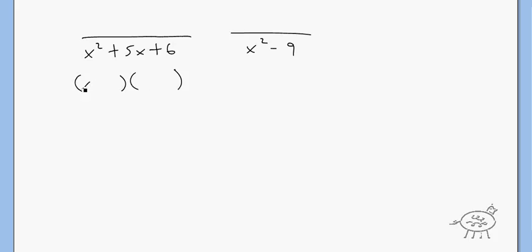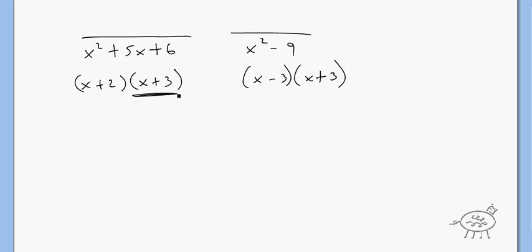Okay? Not bad so far. What about this one? x squared plus 5x plus 6 as the denominator, and x squared minus 9. Well, let's factor this guy. This is going to be x plus 2, x plus 3. This is going to be x minus 3, x plus 3.